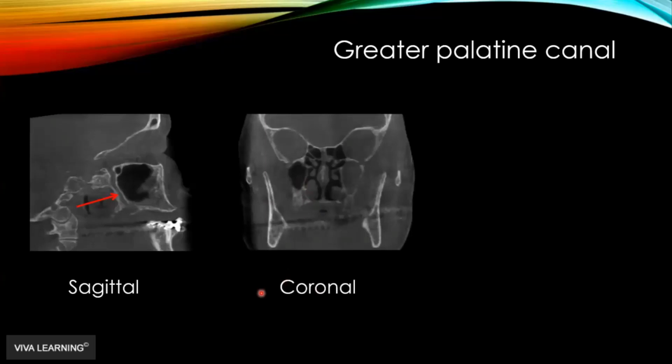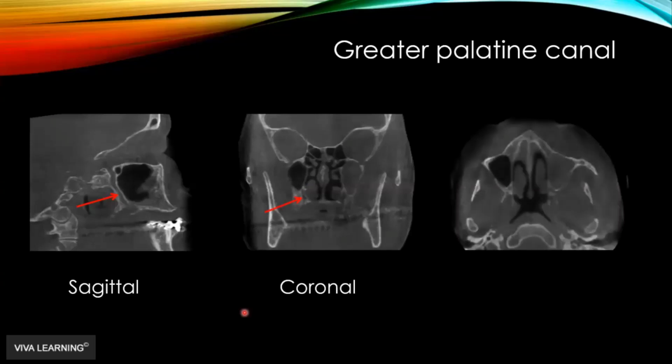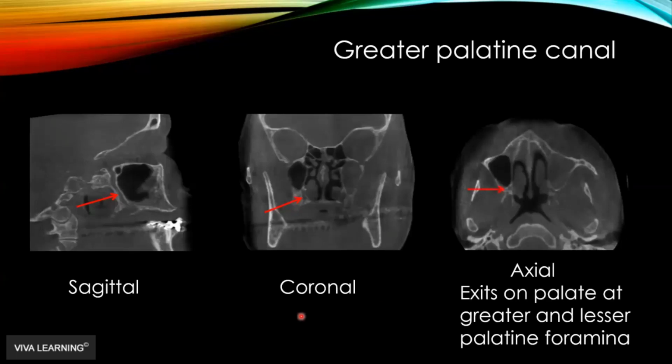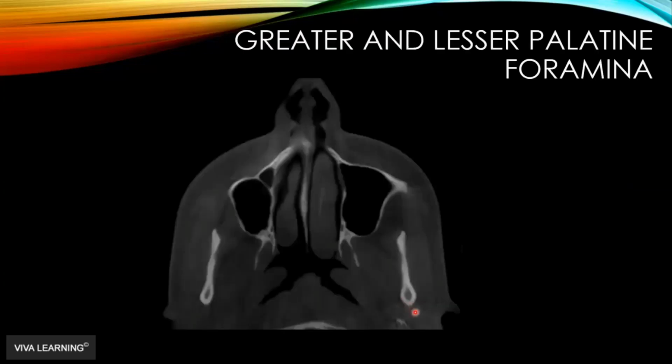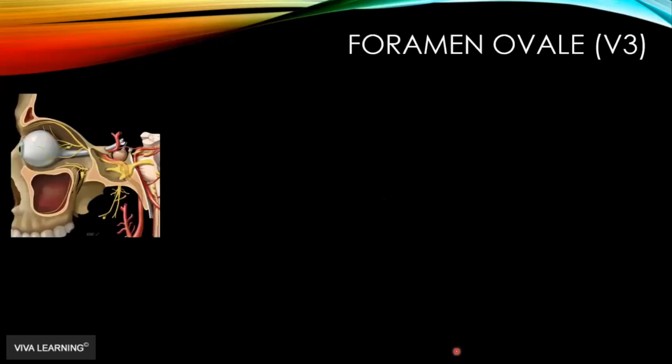So we're looking again directly at the patient, and you can see the little space right in here is a little part of it on the right side. That is the greater palatine canal. And in the axial view, you'll see them as those small foramina in the posterior aspect of the palate. This is really hard to see, so I do have another view that's a bit of a close-up here, and you can see those greater and lesser palatine foramina.